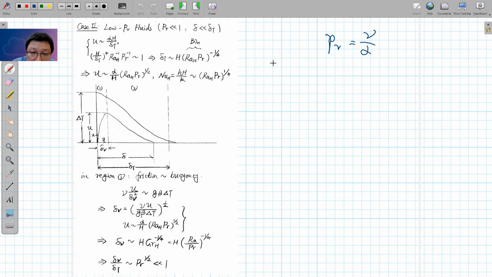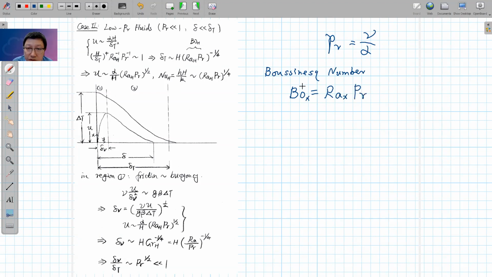Sometimes we also define a new dimensionless parameter, which is called the Boussinesq number. Bo will be equal to the Rayleigh number on the x coordinate times the Prandtl number.